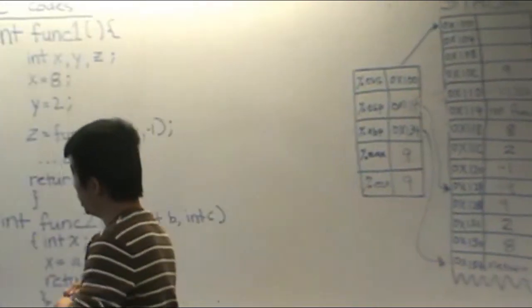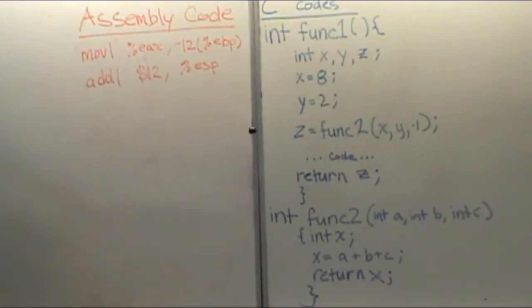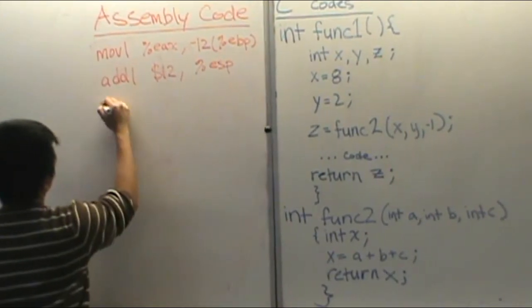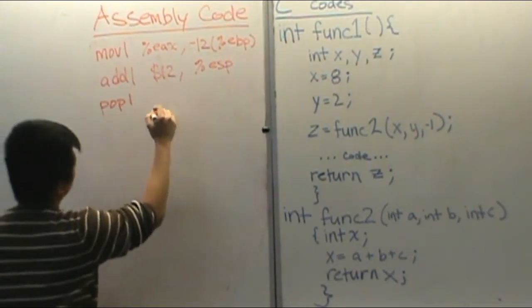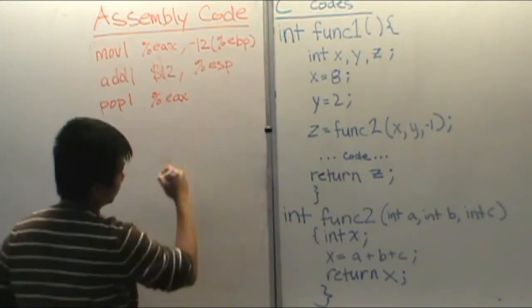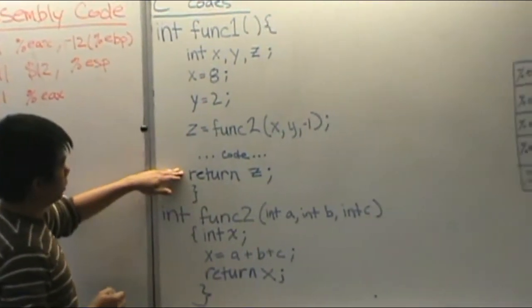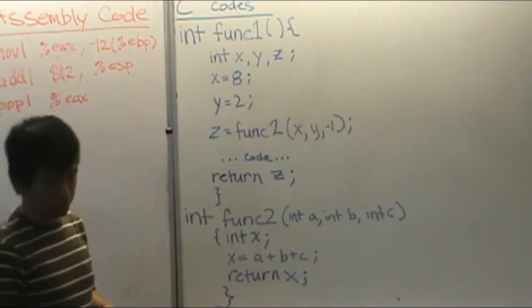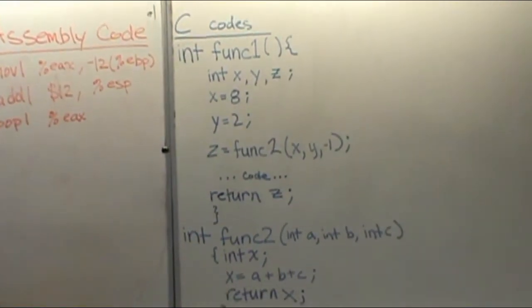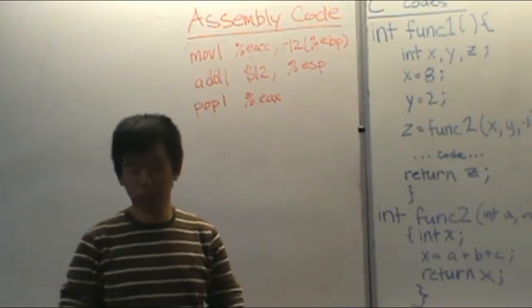And then we pop register EAX to return z back to the function before function 1. And that concludes the example from Lab 6.